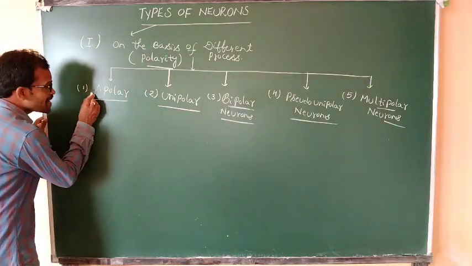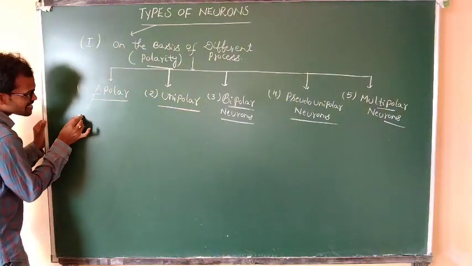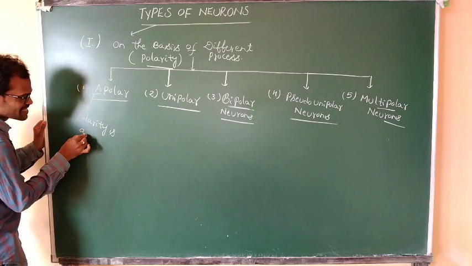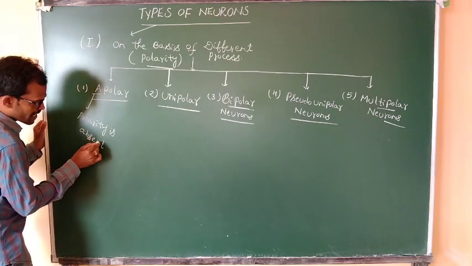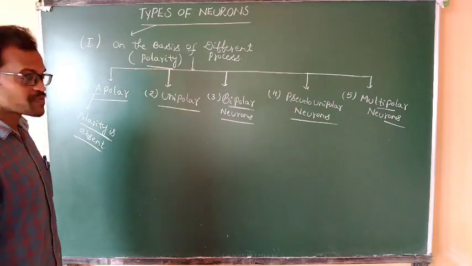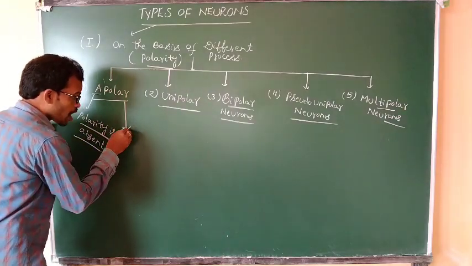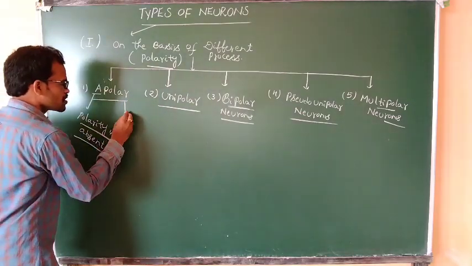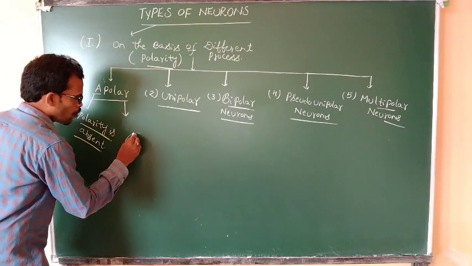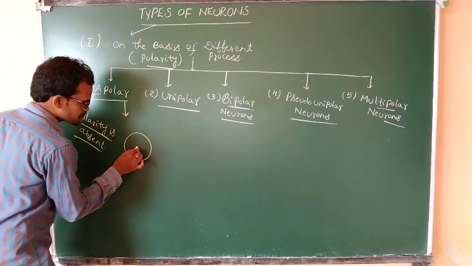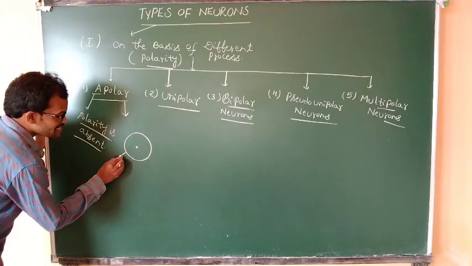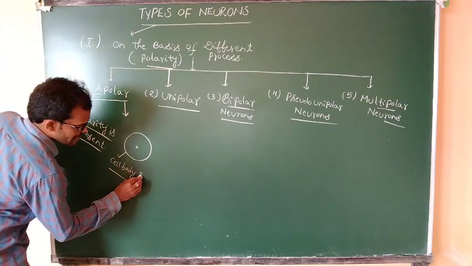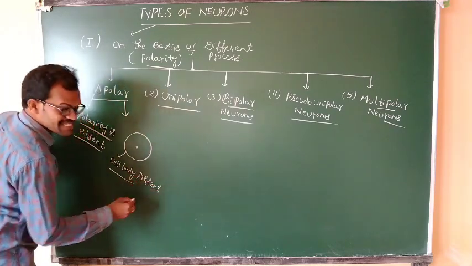What is the first type? Apolar neuron. A means polarity is absent. In apolar neurons, only the cell body is present.